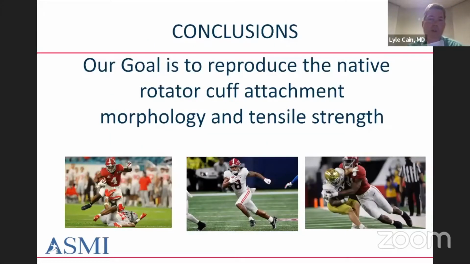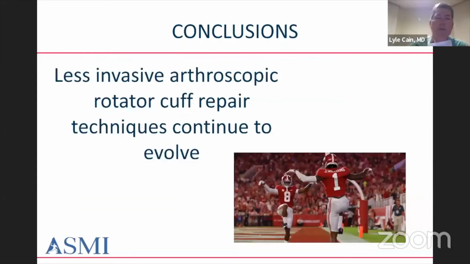So in conclusion, our goal is to reproduce the native rotator cuff attachment morphology and tensile strength. Our less invasive arthroscopic techniques continue to evolve. I think 5 years from now, we'll be doing something totally different than we're doing now. The newest thing on the horizon for me is all knotless anchors.